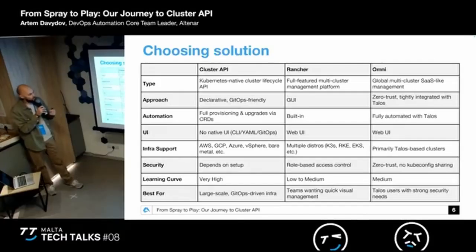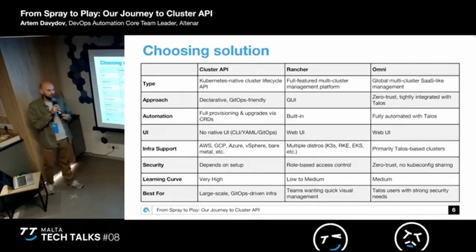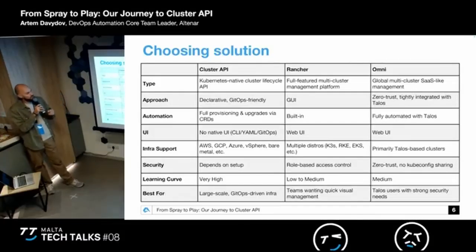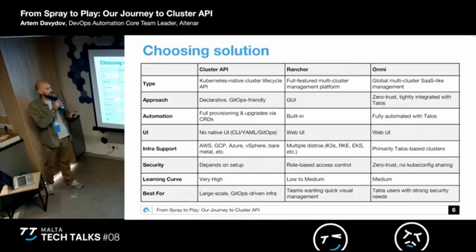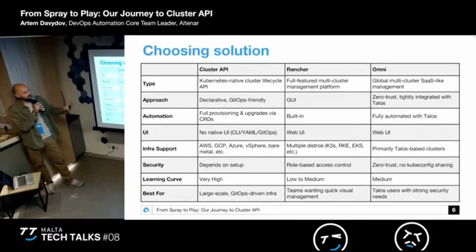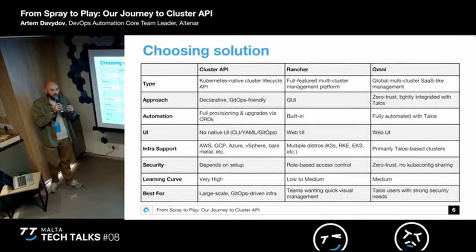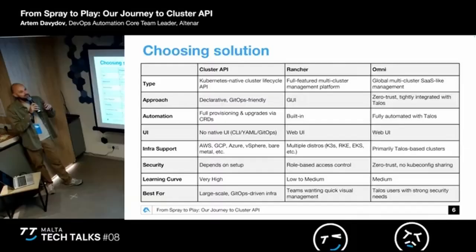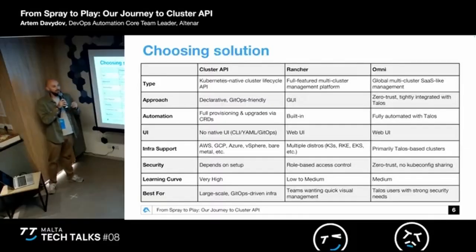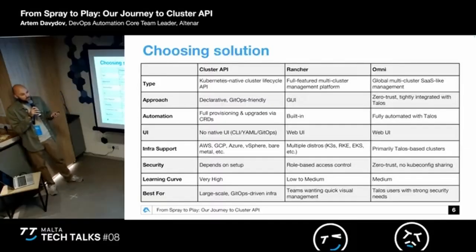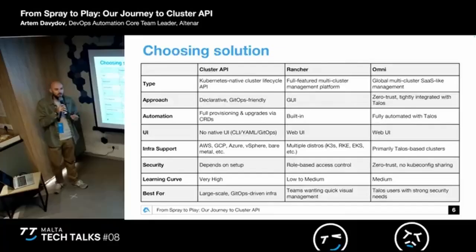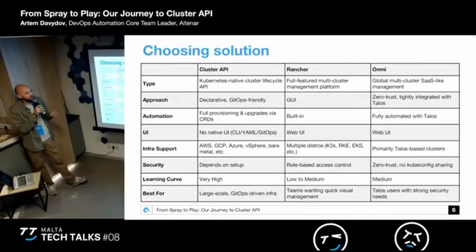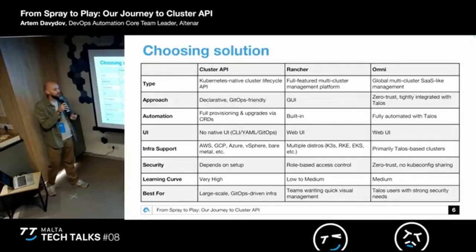So this was the main reason why Cluster API has been chosen. It is fully GitOps friendly, without UI. We don't need UI. We don't want to click and create clusters by misclicking, for example, and make errors while creating. It's not possible for us.